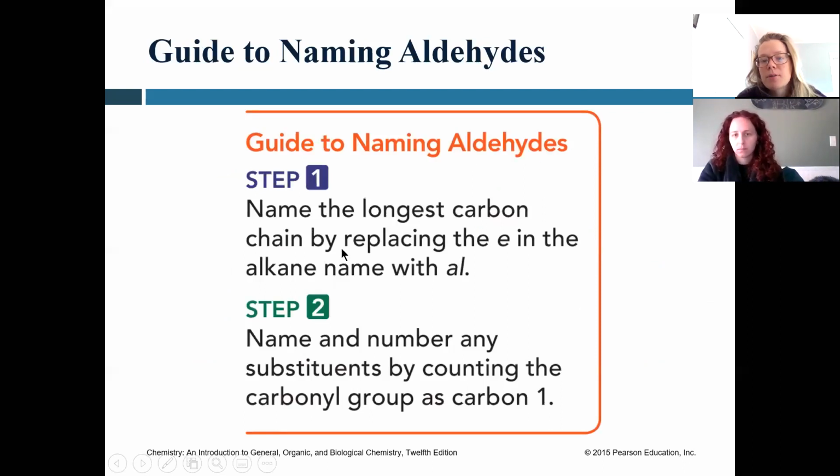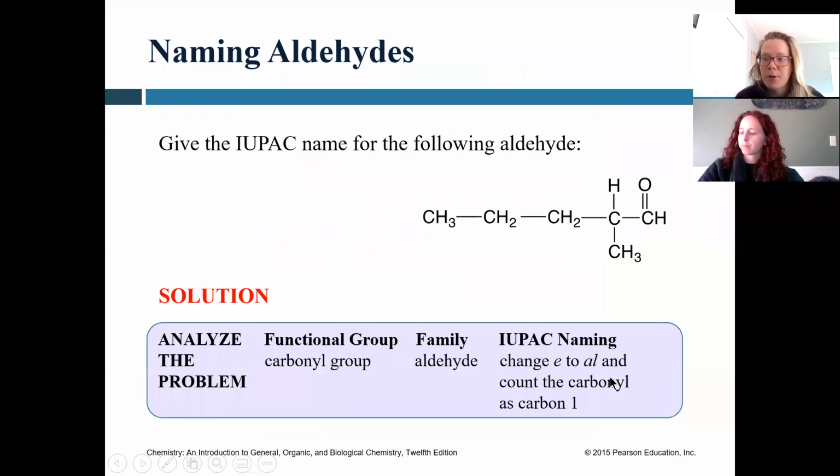So name the longest carbon chain by replacing the E in the alkane name with AL. Name and number any substituents. So you may have to add accessories. If you do name accessories, you always count from the carbonyl group. So you count from the aldehyde side because it is the highest priority.